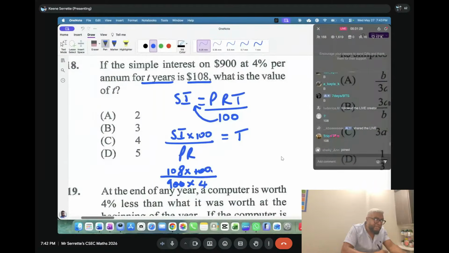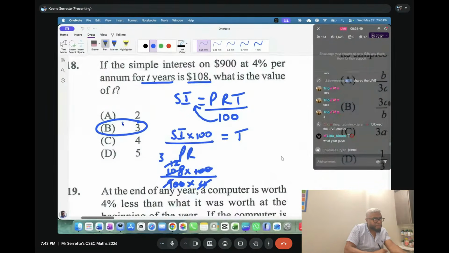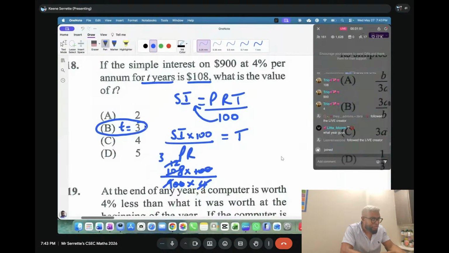Zeros cancel. 9 could go into 108. 9 into 108 is 12. So what are we doing? 4 into 12 will be 3. T is equal to 3.